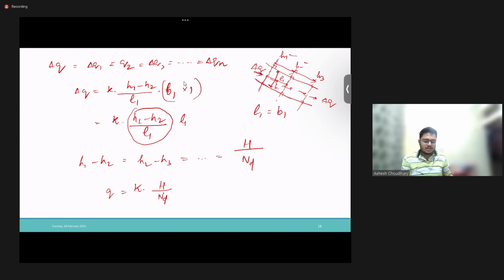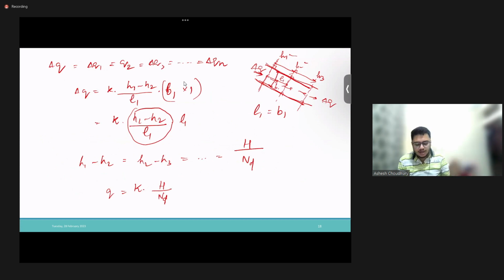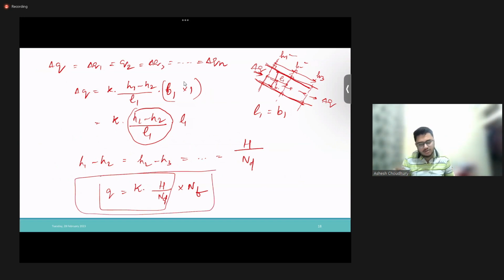Now there are Nf number of flow channels. Here there were four flow channels. So what will be my total flow? This into Nf. So this is the flow in one flow channel, and this is my total flow along Nf number of flow channels.